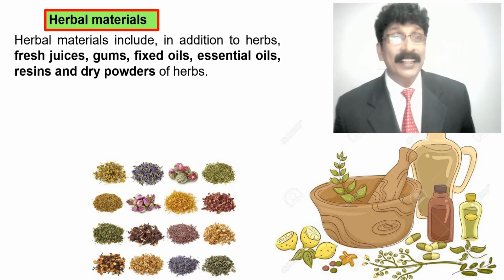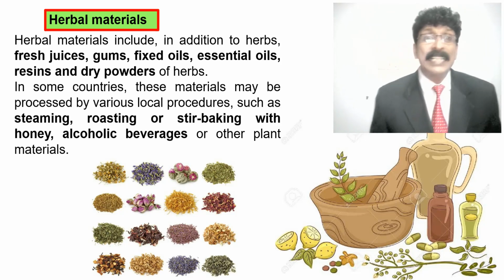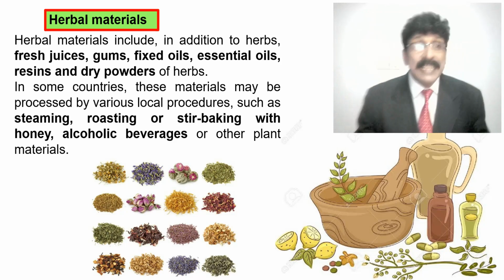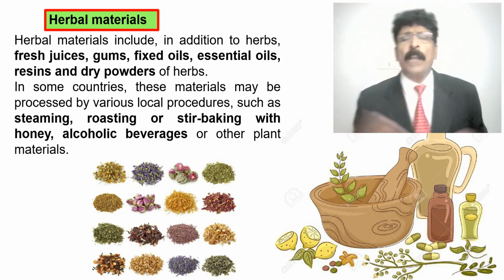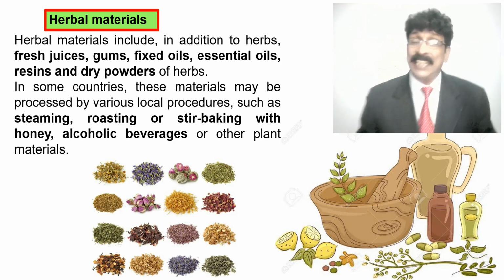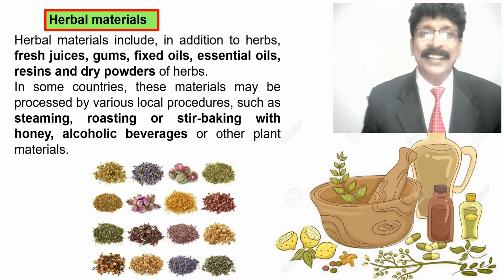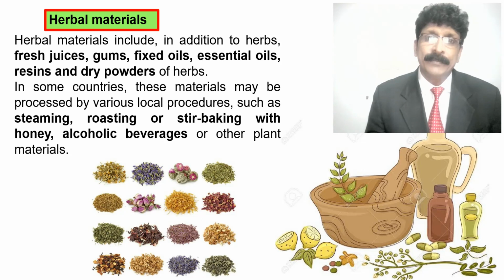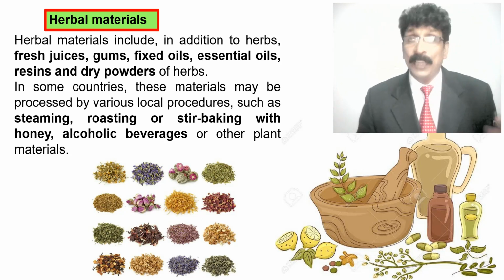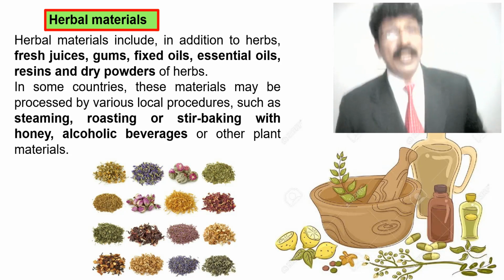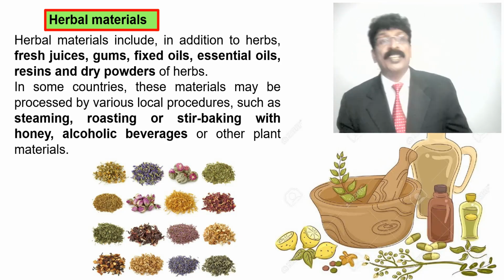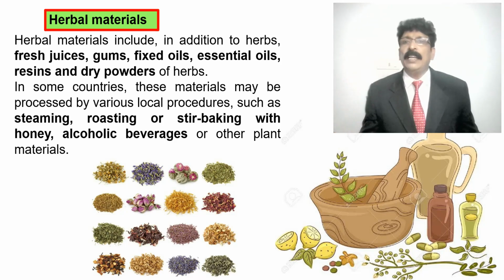In some countries, these materials may be processed by various local procedures such as steaming, roasting, or stir-baking with honey, mixing with honey, alcoholic beverages by fermenting, or other plant material mixing. So all of them are called plant materials.